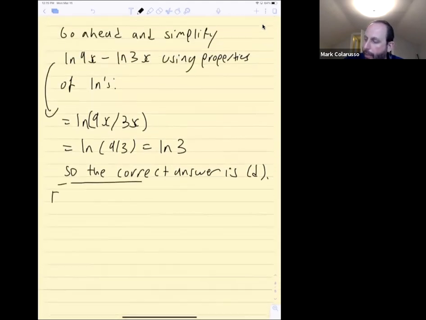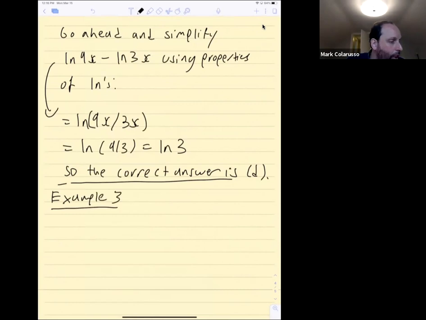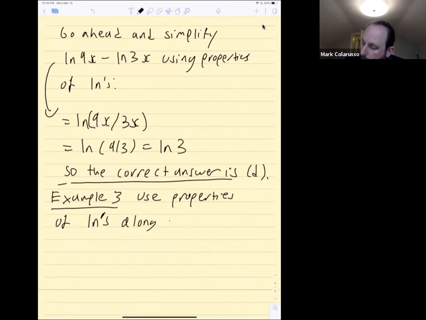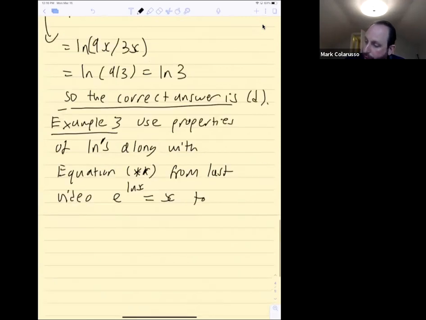Example 3. Use properties of logs, of natural logarithms, along with equation double star from the last video, which I'll state again: e to the ln x equals x, to simplify expressions.